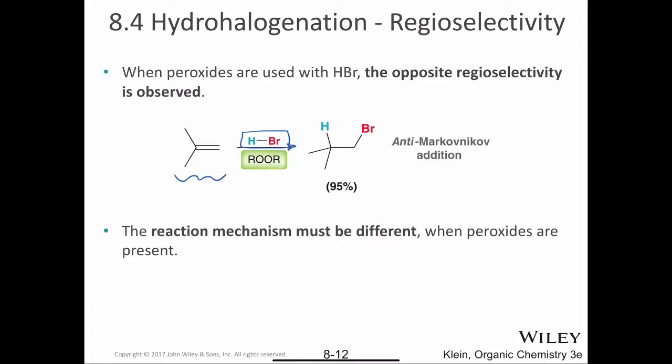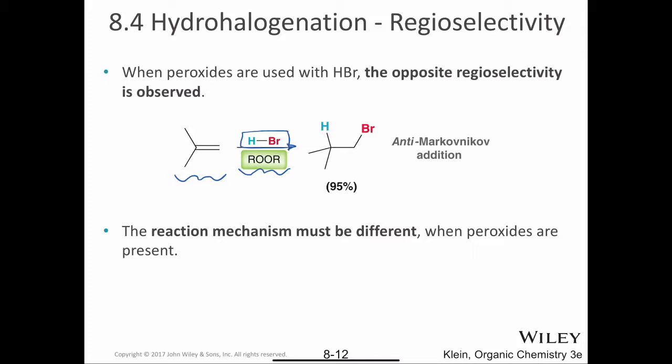But when the solvent wasn't purified, they ended up with the anti-Markovnikov product. The reason is the presence of what are called peroxides that develop over time. This reaction mechanism must be different than the one where there are no peroxides present.